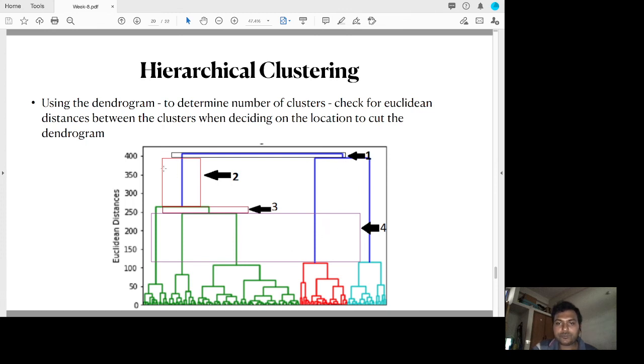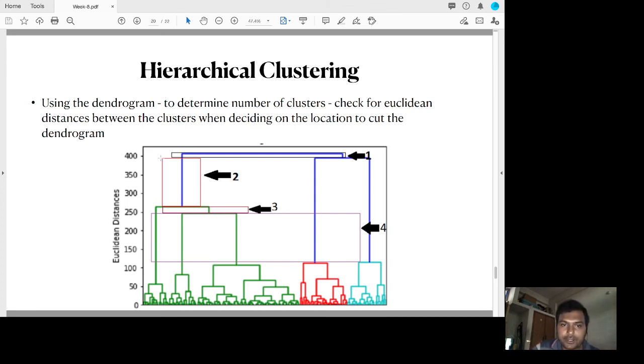Now I want to find out how many clusters will give me a proper representation of my data. The first option is of course to cut at the top. If you cut anywhere along the length of rectangle 1, you will get two clusters. This much is understandable, right?